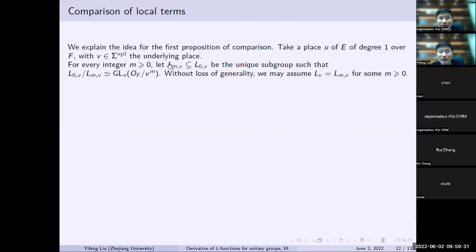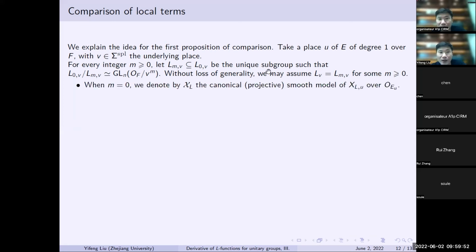So in other words, this is the tower of principal congruence subgroups. Without loss of generality, we can just assume L^v is some L_m^v because this is cofinal in the system of open compact subgroups.